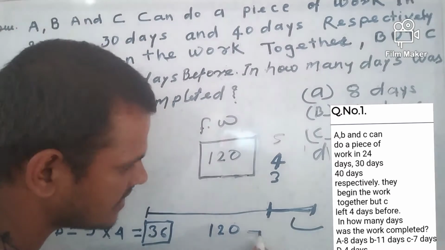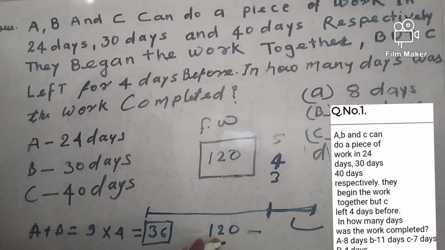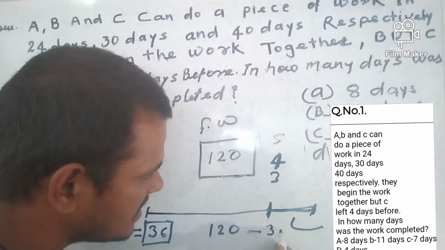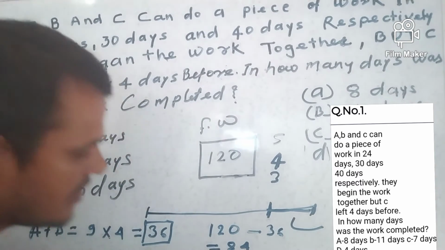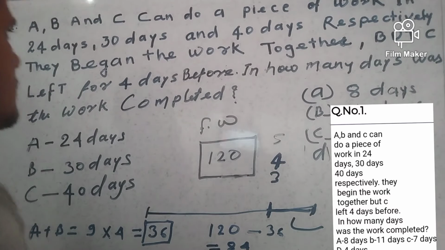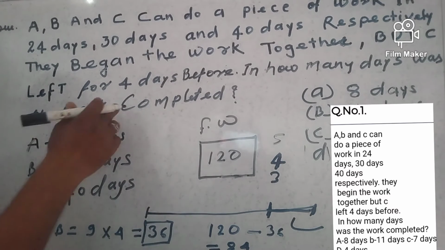So the remaining work is 120 minus 36, which is 84 work, and this work A plus B plus C will do, because C left only 4 days before the end.